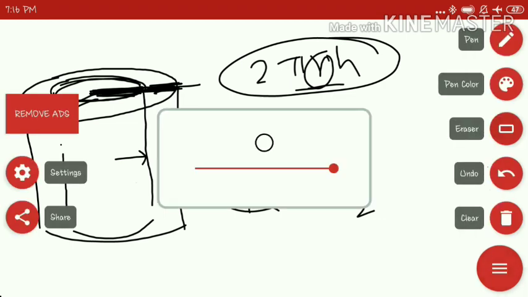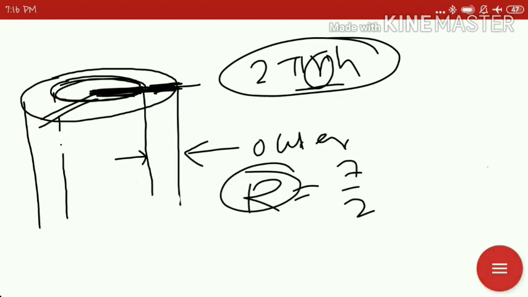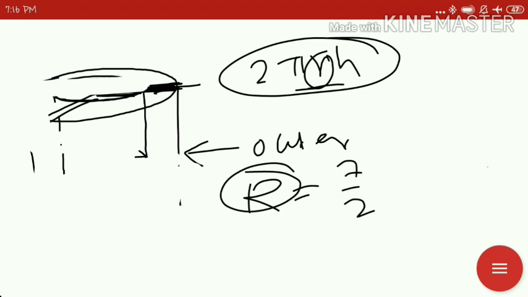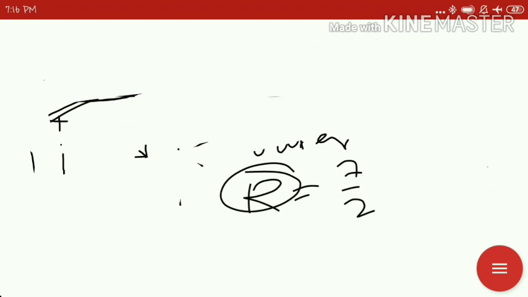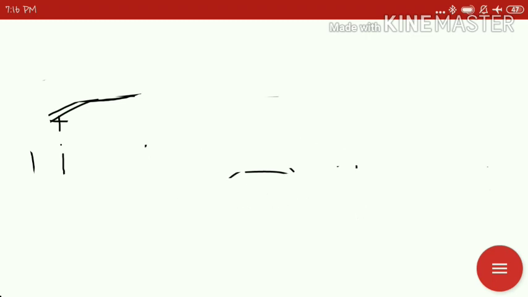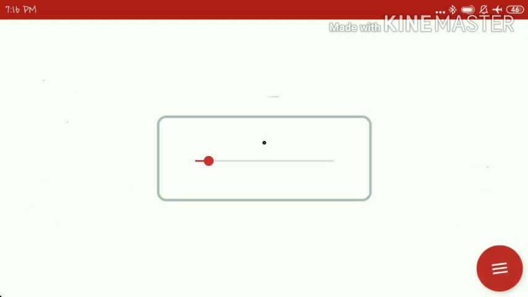In this way, we can easily find the inner radius, and accordingly the inner curved surface area. Before we directly put the formula, we have to write the radius of each part, inner and outer, and only then we will write.